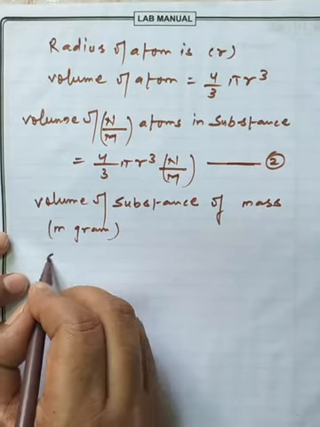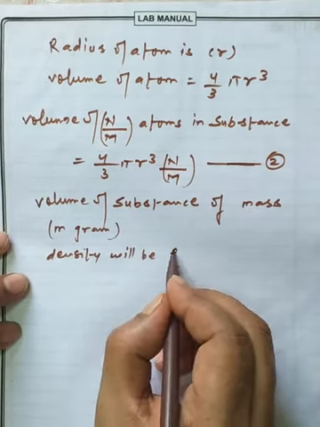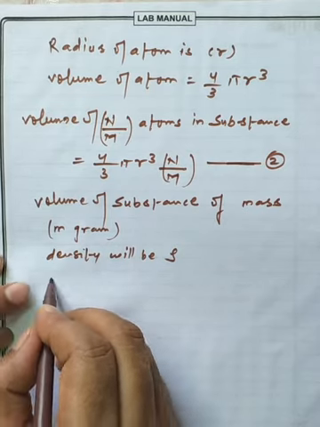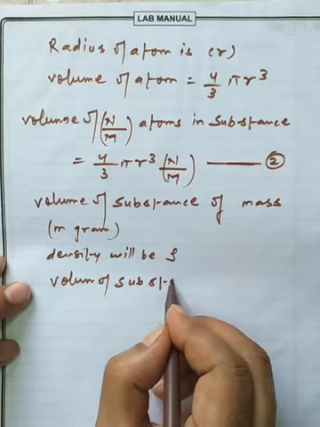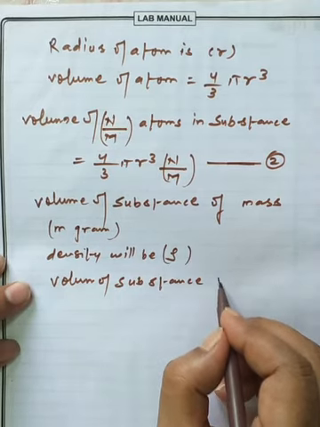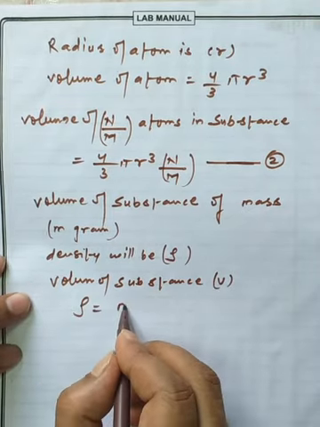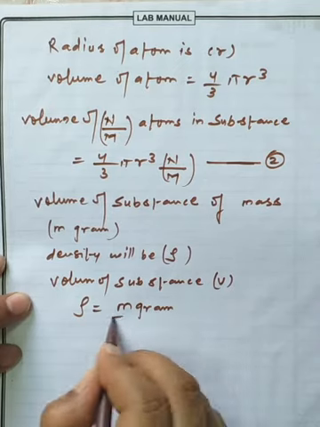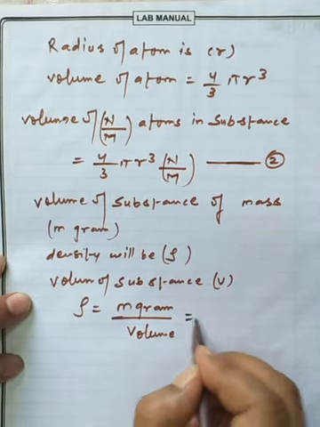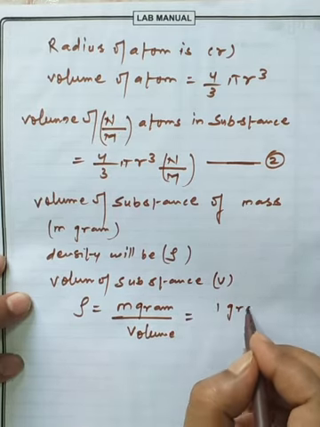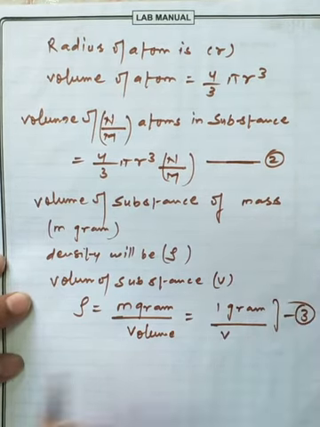The density will be rho, and the volume of the substance is V. So we use the general formula: rho is equal to M gram divided by volume V. Using the concept of 1 gram, 1 gram is to be divided by V. So this is equation number 3.